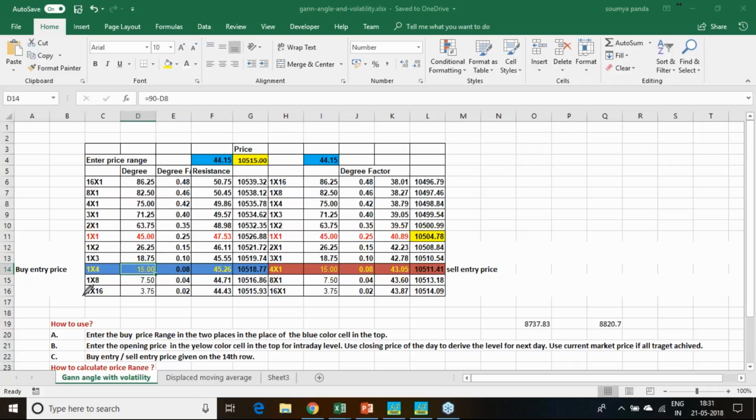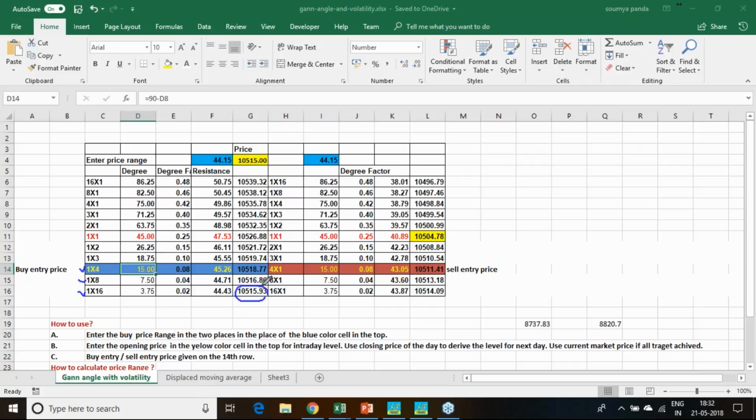So you have 3 cycles here, minor, subminor and the minor cycles, or one cycle completes at 15 degree. So you need to observe from the price point of 10,515 to 10,018, how much time it has taken.